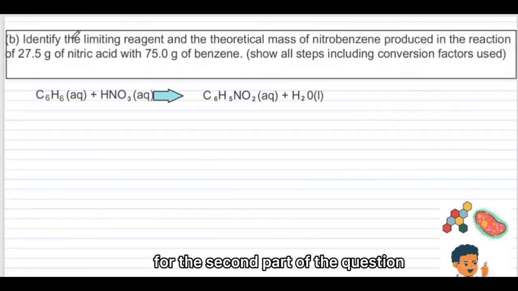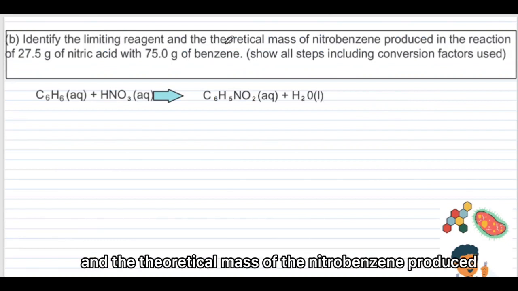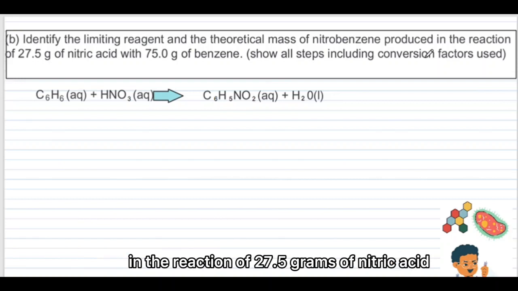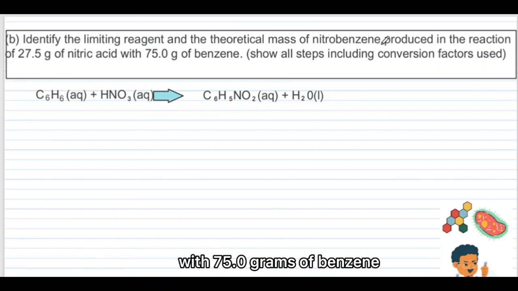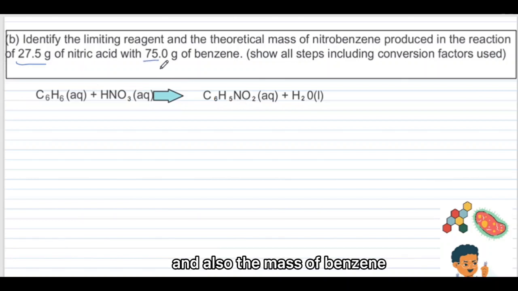For the second part, the question asks us to identify the limiting reagent and the theoretical mass of the nitrobenzene produced in the reaction of 27.5 gram of nitric acid with 75 gram of benzene. So they gave us the mass of nitric acid and the mass of benzene.